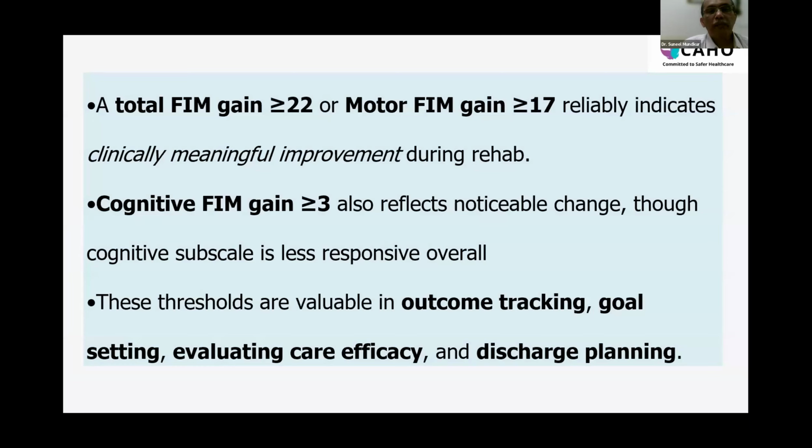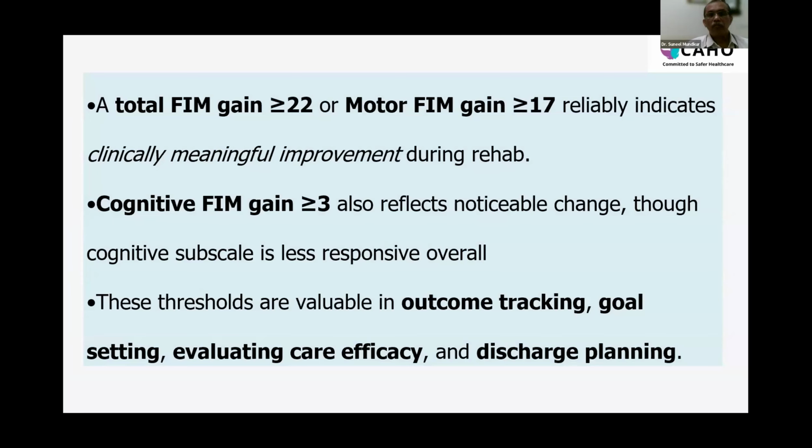A total FIM gain of more than 22, or a motor FIM gain of more than 17, reliably indicates clinically meaningful improvement during rehabilitation. This is a benchmark they have given. I repeat, a total FIM gain of more than 22, or a motor FIM gain of more than 17, reliably indicates clinically meaningful improvement.